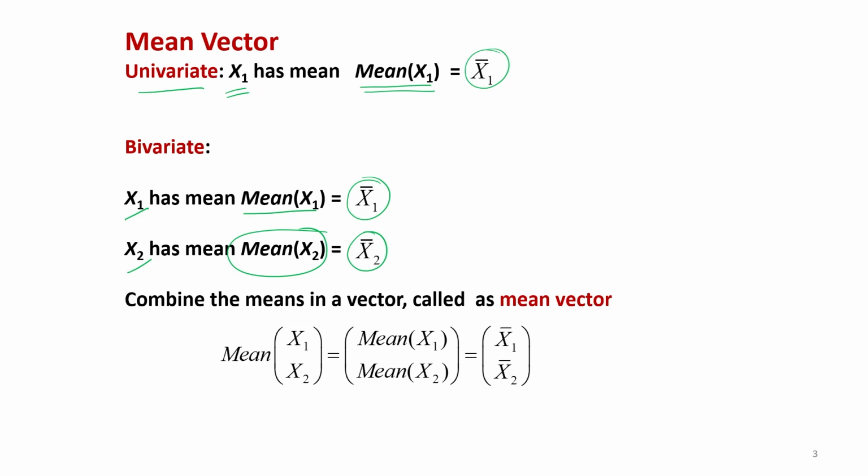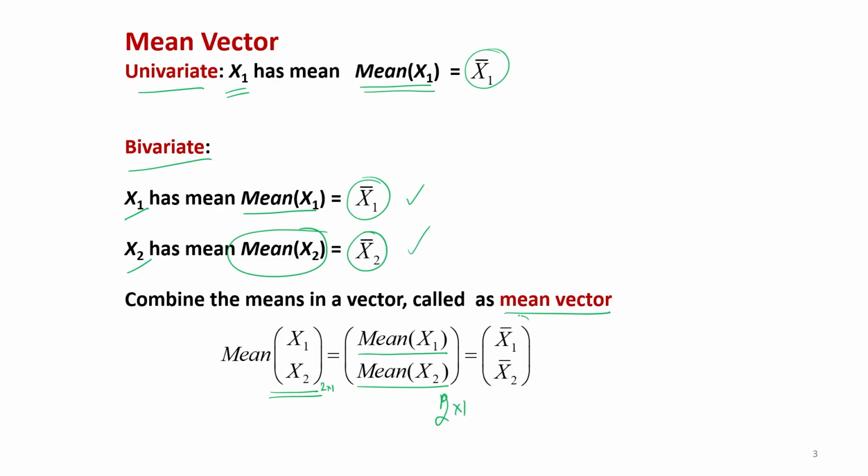So, similarly, when we are talking about the bivariate case, then x1 and x2 will have means, say x bar 1 and x bar 2. Now, we want to express them in the form of a vector, which is called a mean vector. So, the mean of x1 and x2, written as a 2 cross 1 vector, I can take this mean operator inside, and it becomes the mean of x1 and the mean of x2, which is again a 2 cross 1 vector.